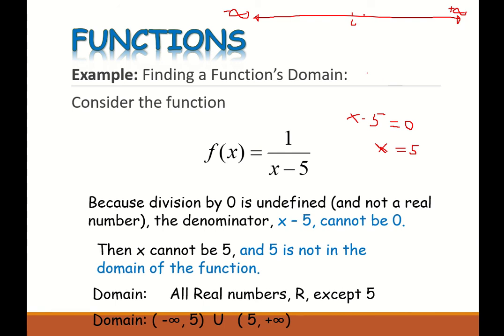You just count 5 units from the origin. So we assume this to be 0, this is 1, we have 2, we have 3, we have 4, and we have 5.